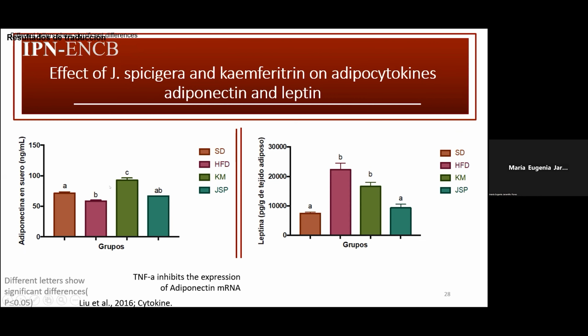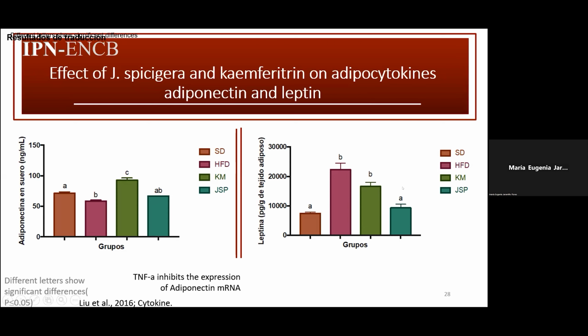Sorry, this is adiponectin, this is leptin. The increased levels of leptin characterize the obese group, and there's no difference with the kaempferitrin group, but there is an important reduction of leptin levels when we use Justicia spicigera plant.